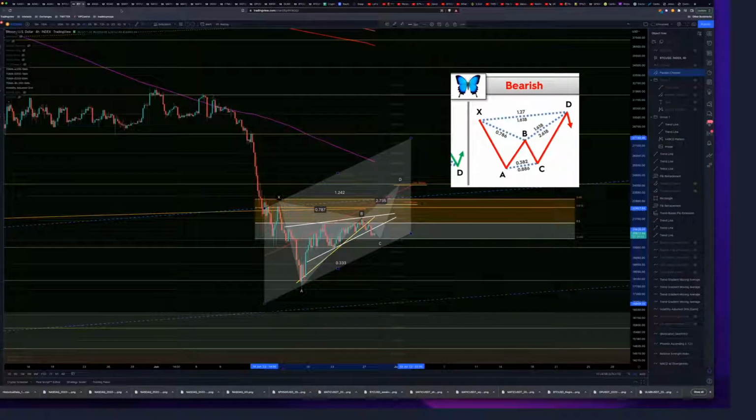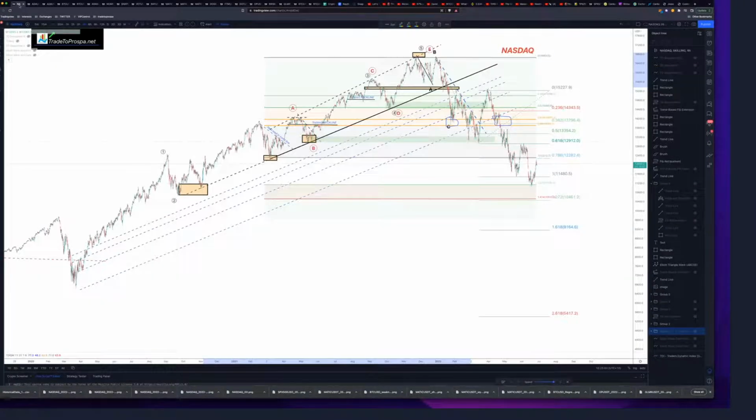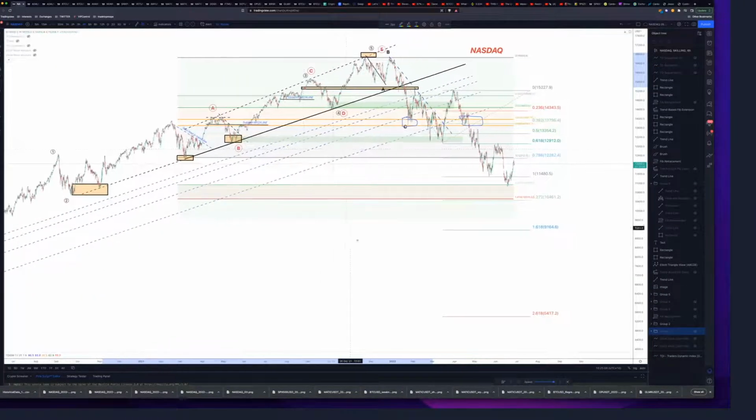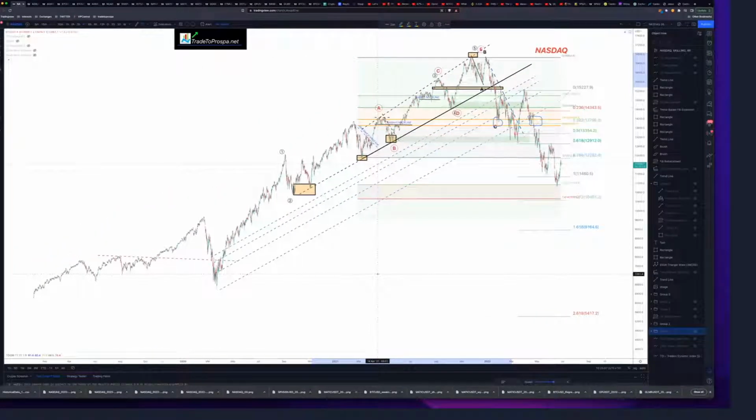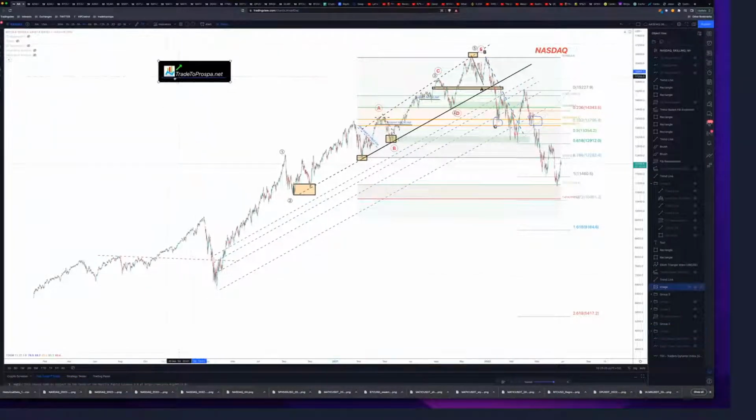Okay, so what are the other markets doing? Let's look at the NASDAQ. We need to look at the broader markets to pretty much understand where Bitcoin lies. So we know that the Fed has done quantitative easing and printed heaps of cash, which pretty much did the bubble to the stock market.